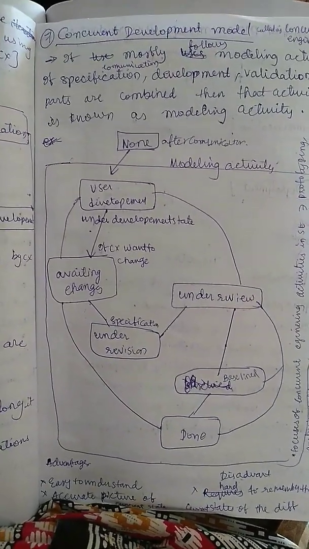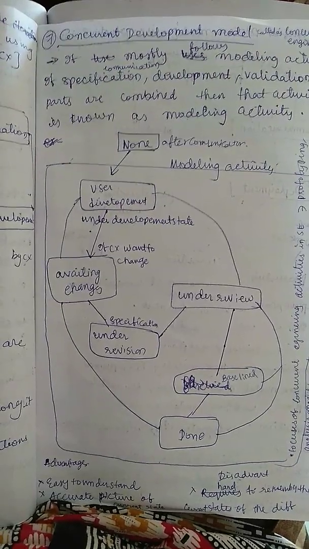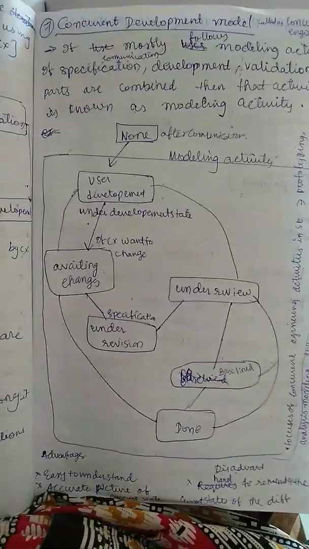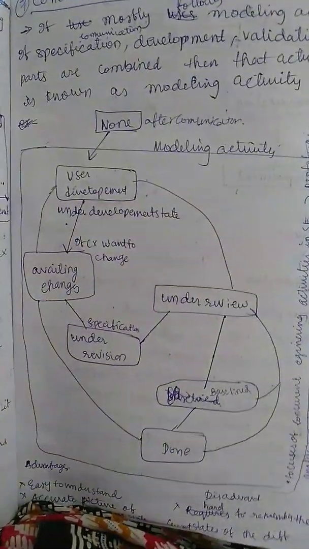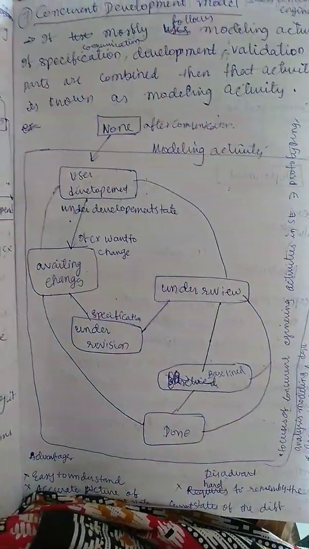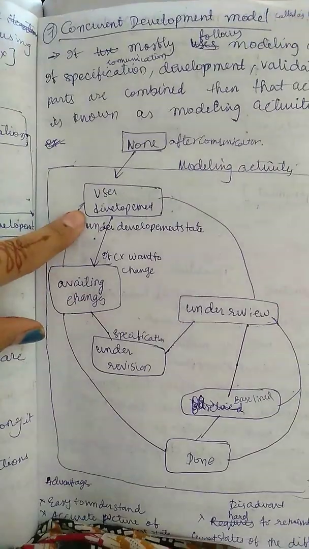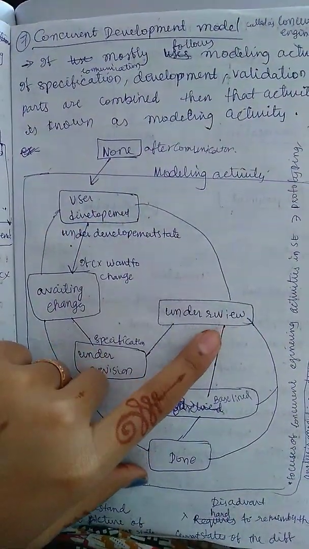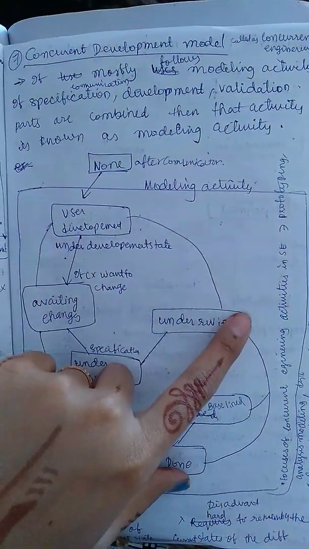After that we will go to awaiting changes. If the customer wants to change the product, like update, delete or add something, we can accommodate changes in the second step. After reviewing the developed app, if he is okay with what we have done, then we can go to under review.